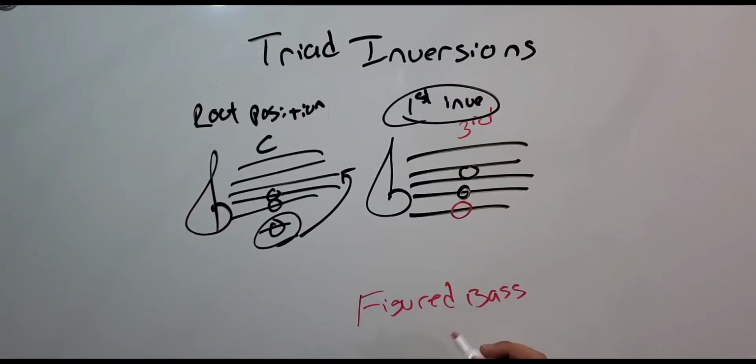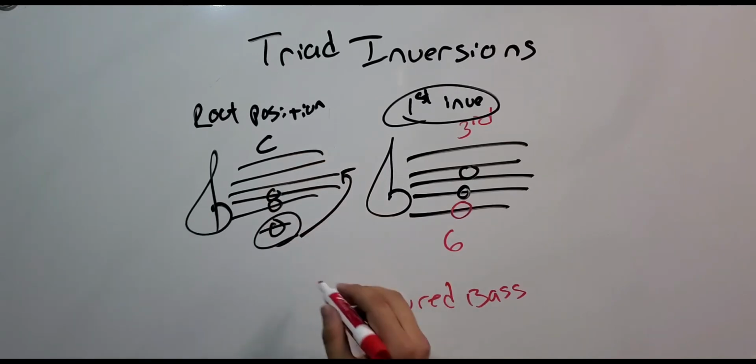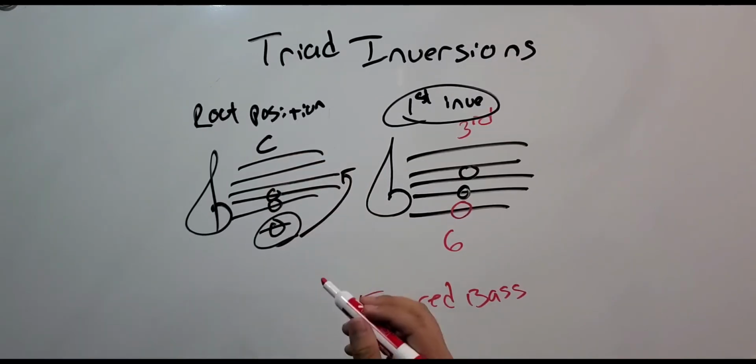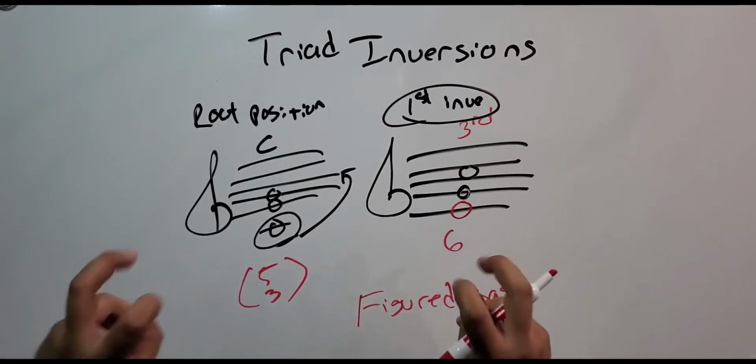But when it's at the bottom, figured bass. So the figured bass we get for a first inversion chord is always going to be a 6. 6 by itself. Why? I'll show you in a bit. For root position, we don't write a figured bass because it's implied. Now, what is it? It is a 5-3. The reason I put parentheses around it is because it's invisible.